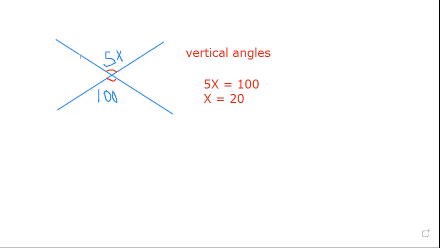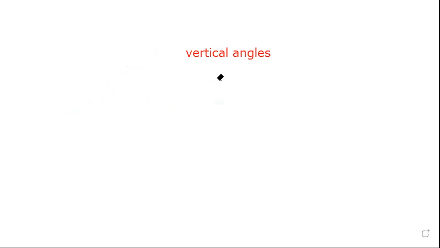The last one with angle relationships is adjacent angles. Adjacent angles are two angles which have a common vertex, a common side, and the common side lies between the two other sides. Let me give you an example, Ibrahim.